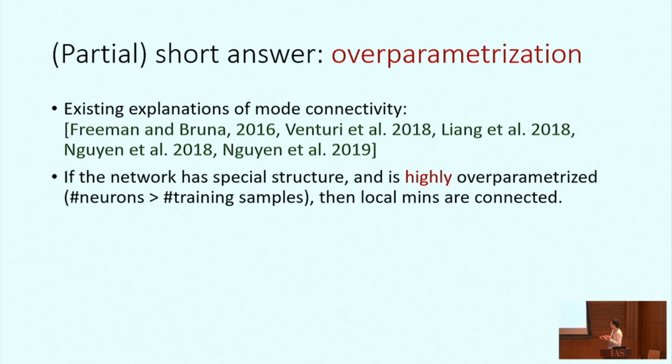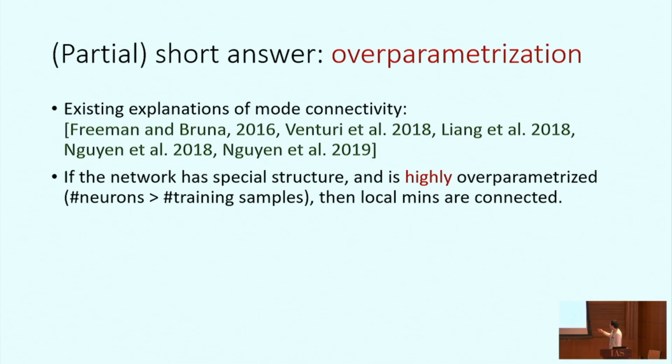Roughly speaking, what they show is if the network has some special structure and is highly overparametrized, then all local minima are also globally optimal, or at least all the local minima are connected.